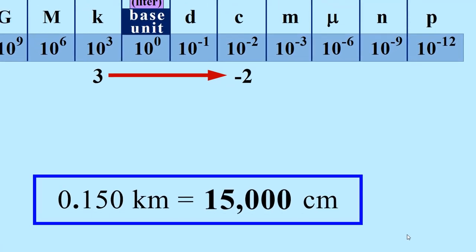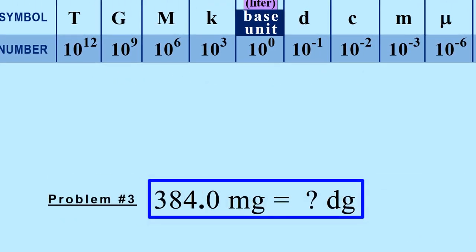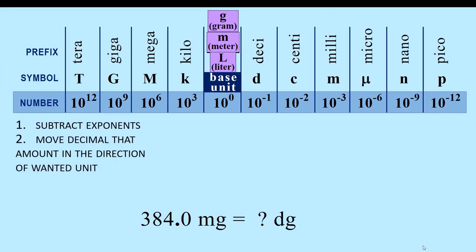For the first 2 examples, we went from a larger unit to a smaller unit. Let's see how to convert from a smaller unit to a larger unit. 384.0 milligrams is how many decigrams? We use the same steps as before. We are starting with milli and want to get to deci. The exponent for milli is negative 3, and for deci it is negative 1.